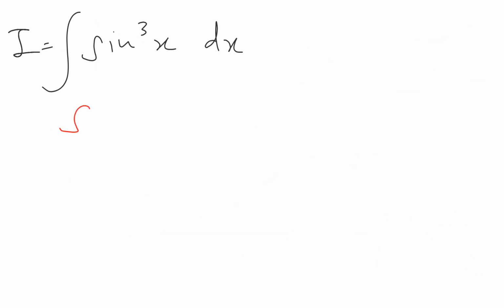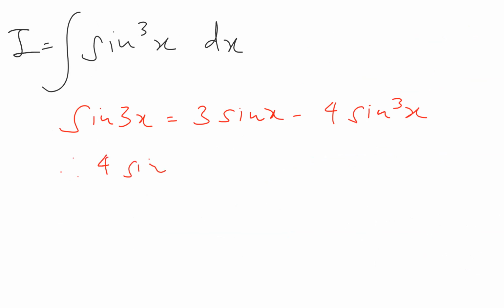Yeah. Now let's take sine cube x dx. Okay. Now see the triple angle formula. Sine 3x is equal to 3 sine x minus 4 sine cube x. Okay. Therefore 4 sine cube x is equal to 3 sine x minus sine 3x.